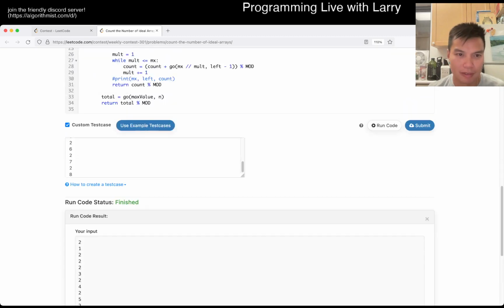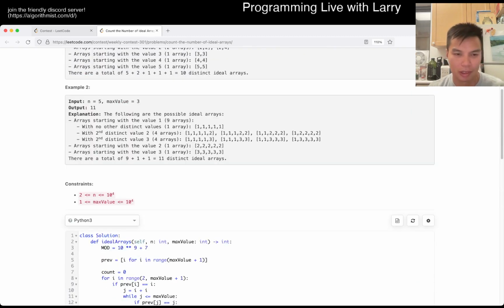I'm not wrong, right? 10 to the 4th squared is 10 to the 8th, so definitely that's too slow. But that'd be funny if all this time I was just being silly.